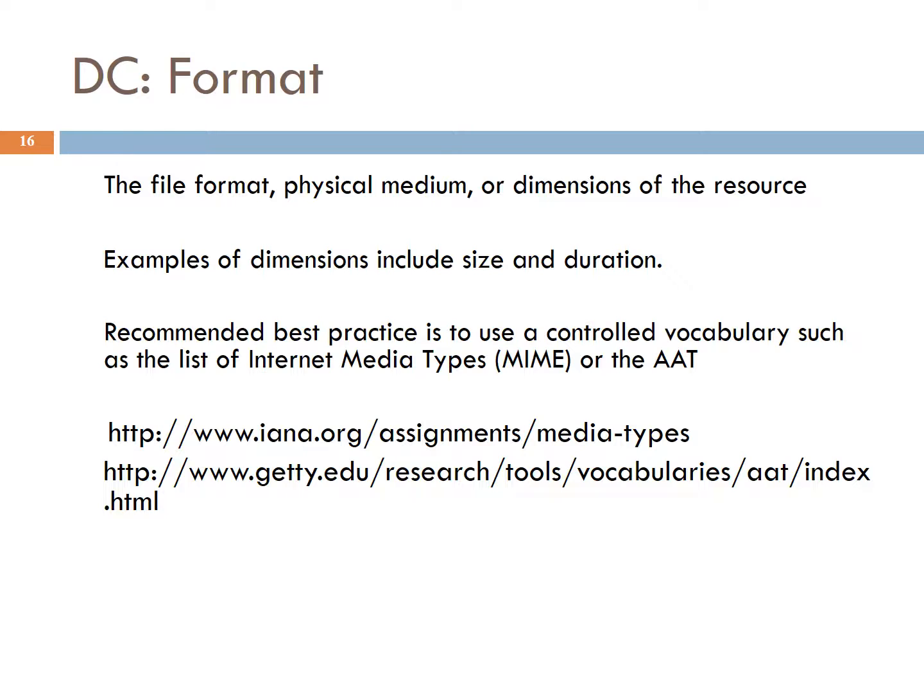If we're talking about film, it could be the duration. It could be playing time for audio. Now, for the most part, these all have to do with the characteristics of the carrier of the intellectual content. So we're talking about basically a manifestation. Depending upon what your metadata record is describing, this field could include terms like color slide, 35 millimeter, 17 minutes, audio/MP3, image/JPEG or image/GIF, and so on.